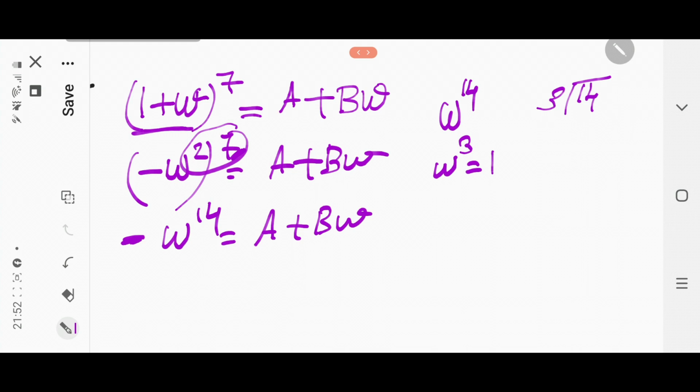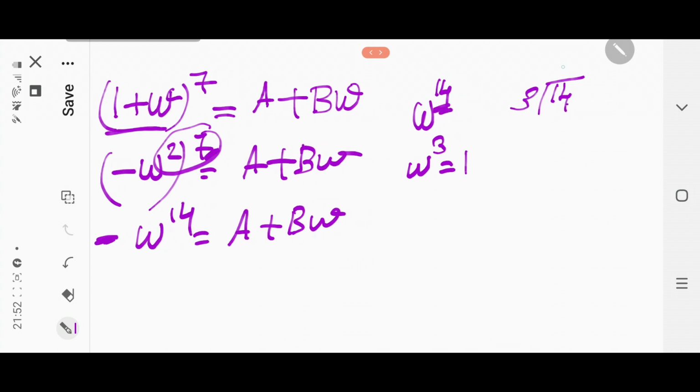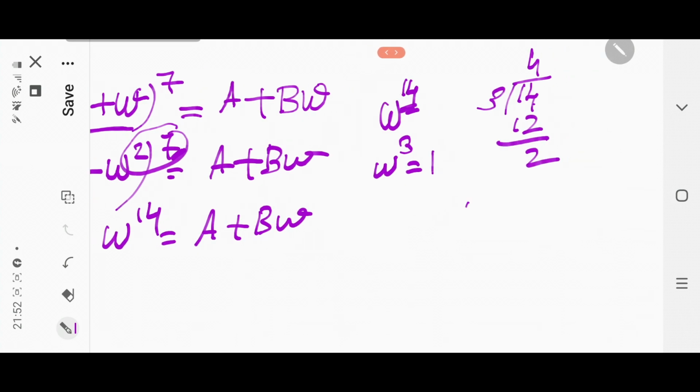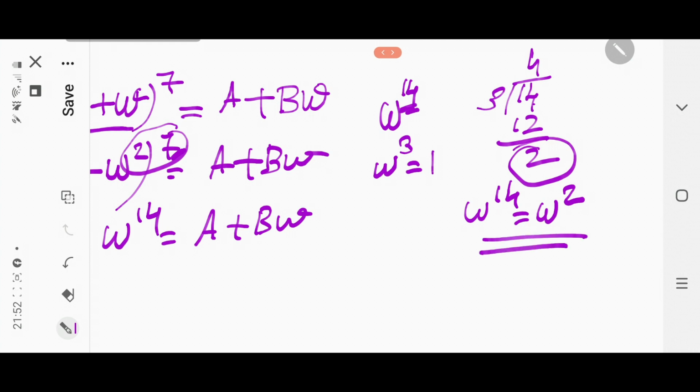Therefore, to simplify, divide the power of omega, 14, by 3. 4 3s are 12, the remainder is 2. Therefore, you can write omega raised to 14 is equal to omega raised to the remainder, omega square. Both answers will be same.